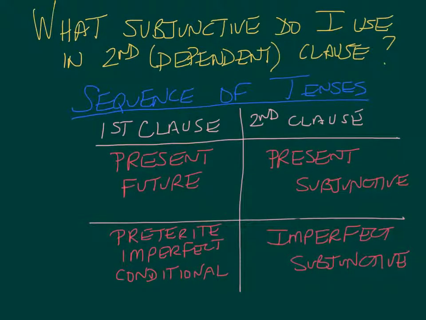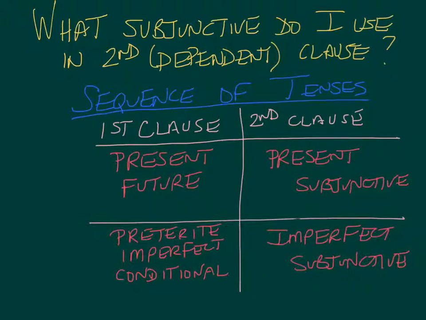Now, if we make a determination, and again, we'll explain that later on, that we need to use the subjunctive in the second or dependent clause, the question becomes, which one of the two subjunctives do you need? So, we're going to use something called the sequence of tenses, which is this chart that you see in front of you. If you make the determination that you're going to use the subjunctive, what you're going to do is you're going to look at the first clause.